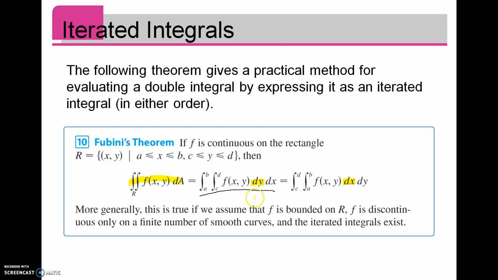The order doesn't matter. You will get the same answer 99% of the time, because we're going to have functions that are continuous and bounded on R. All right, so this is your rectangle. You're bounded on your rectangle. So that's Fubini's theorem. That gives us another way to evaluate the double integral.